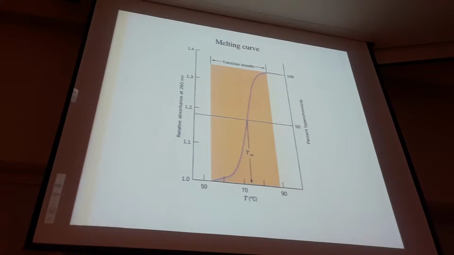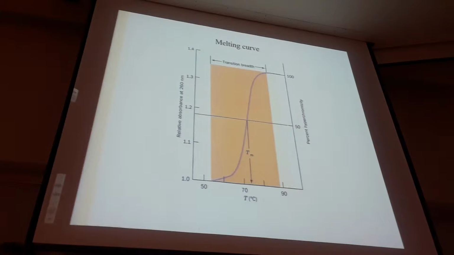Let me rephrase this. Melting temperature has been defined as the temperature where 50% of the strands are separated. So it's a halfway point between our native state and the denatured state.